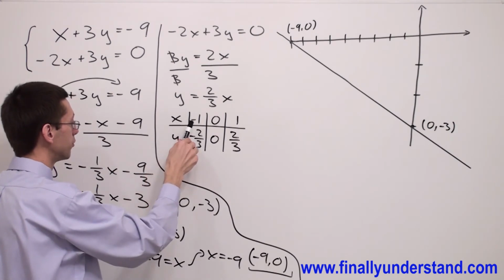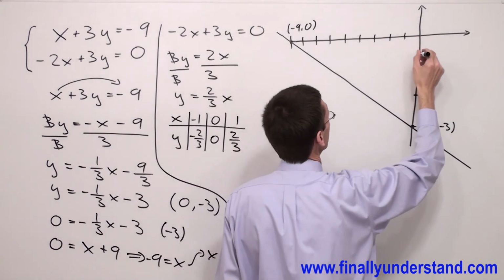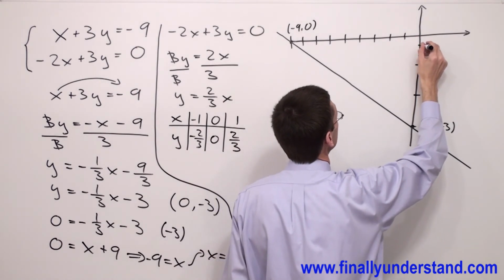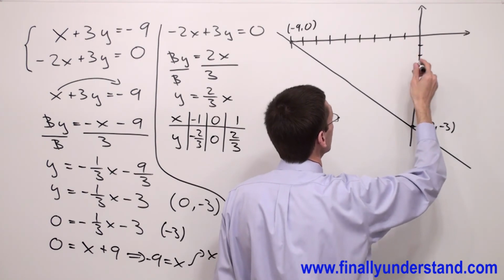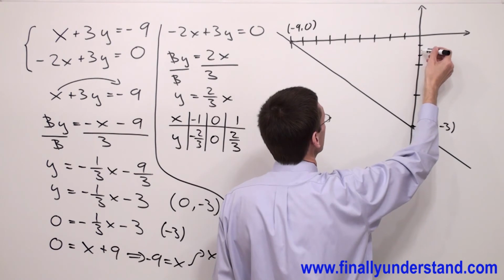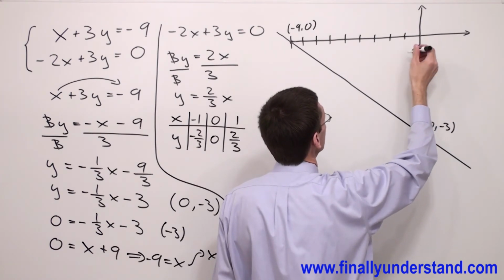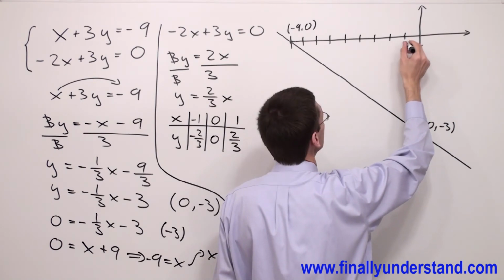Next, I'm supposed to look at the second line. I have -1 and -2/3. See, now I can make the diagram more accurate because I can see much more clearly where 1/3 and 2/3 of this unit are. So I have -2/3.